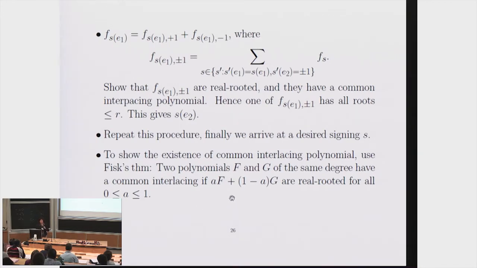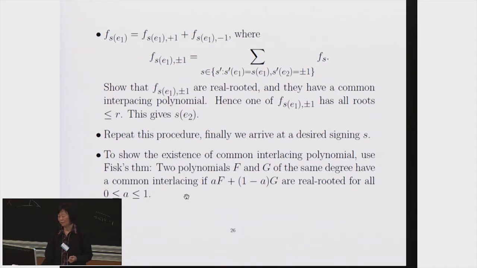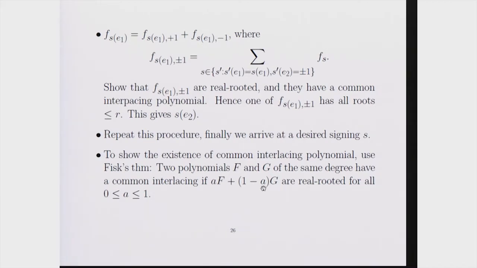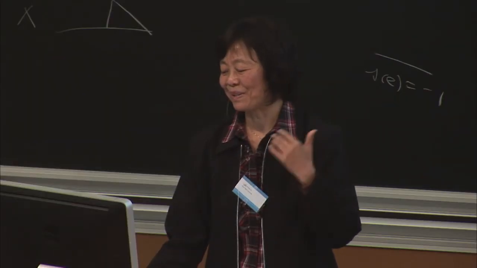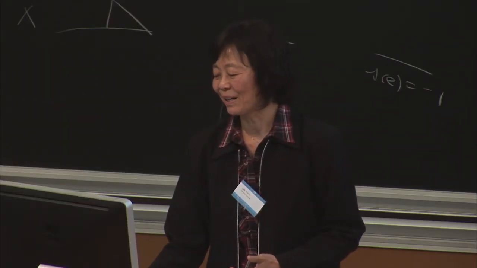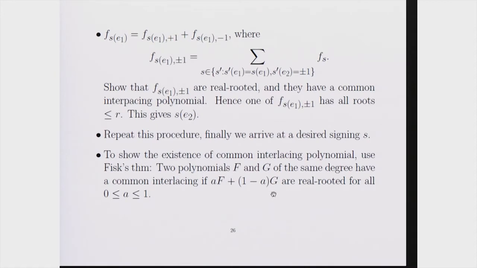Each time we have two polynomials of the same degree, and we want to show that they have a common interlacing polynomial. If all the linear combinations of them, a times f plus 1 minus a times g, for a real number between 0 and 1, have real roots, then they will have a common interlacing polynomial. So all the problems are reduced to knowing when some kind of polynomial has real roots.